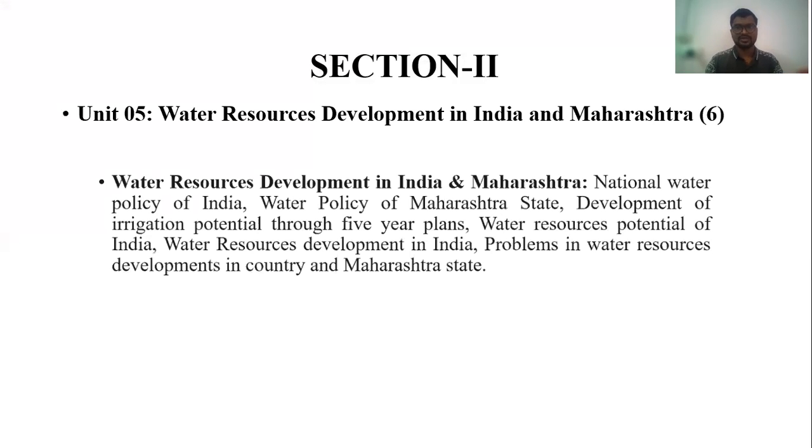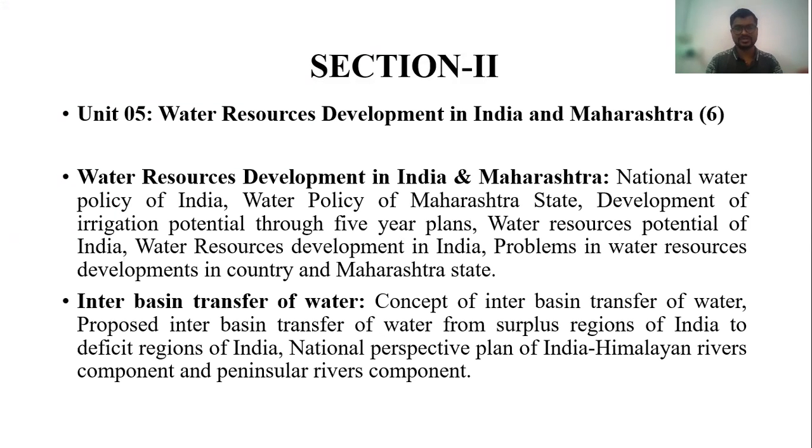So there is so much syllabus. That is the national water policy of India, the water policy of Maharashtra state, development of irrigation potential through the five year plans, water resources potential of India, water resource development in India, problems in water resource development in the country and Maharashtra state. Then interbasin transfer of water, it is the concept of interlinking of rivers.